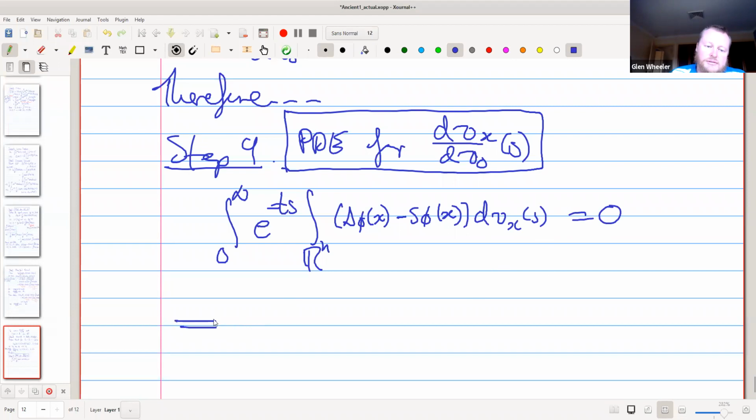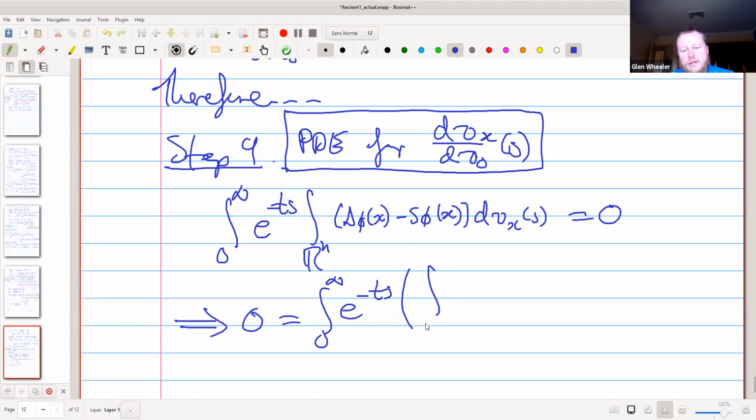All right, change of variables. We're going to get e^(-ts), and then we're going to turn this into an integral on the outside with respect to dν_0(s).